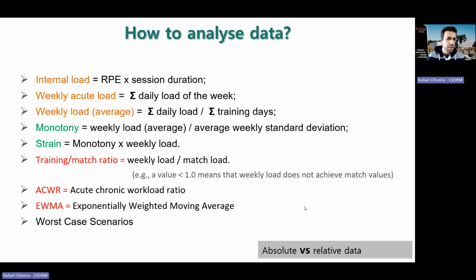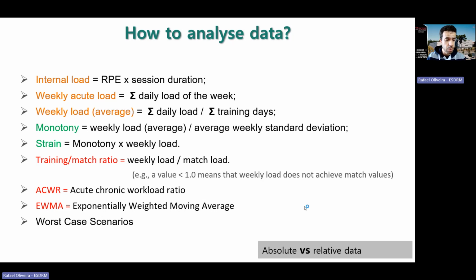We could use other kinds of indexes or ratios like the monotony, the training strain, and the training match ratio, which is one that I like very much because it will give us information on whether the total amount of training that we are getting during the week is equivalent or superior to a match.